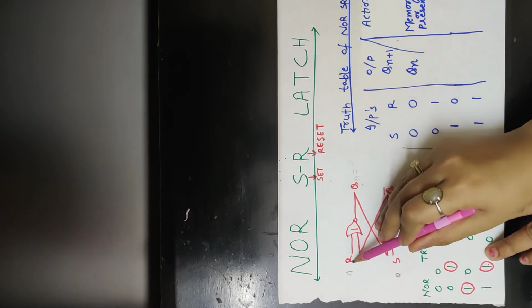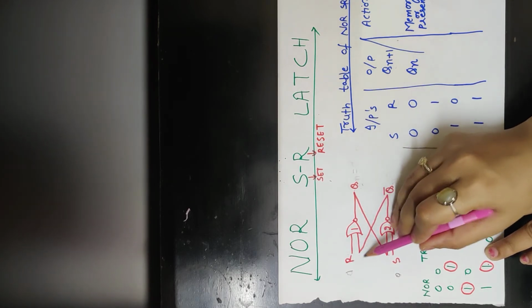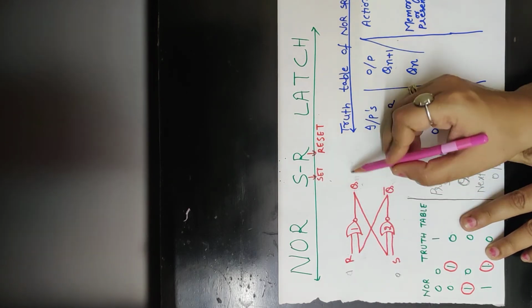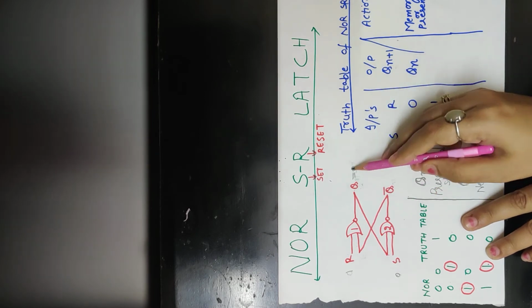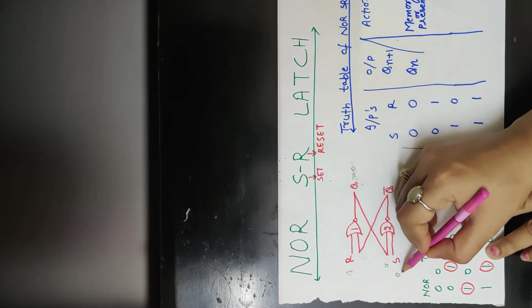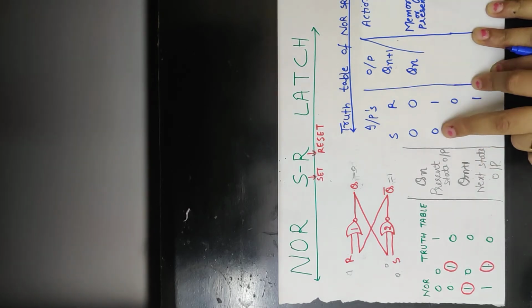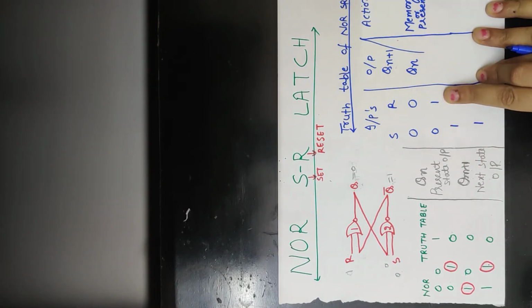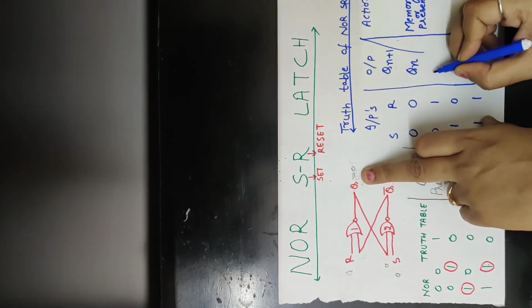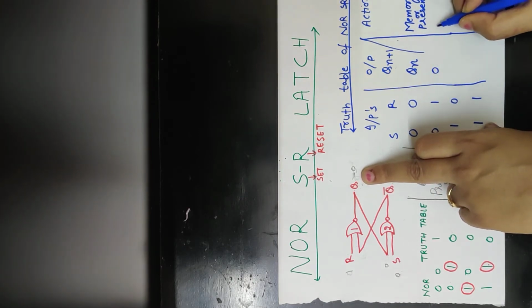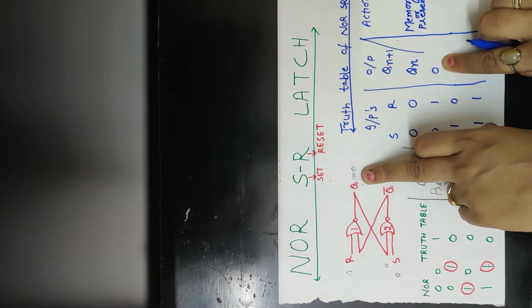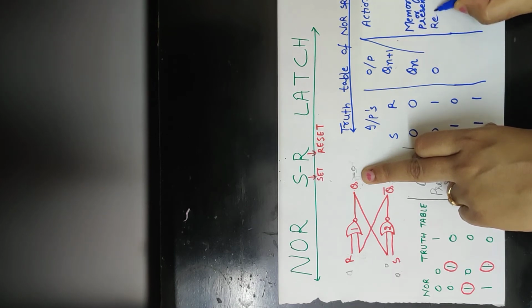So here this is 1. Irrespective of this value, its output will be 0. This 0 comes here. When both the inputs are 0, the output will be 1. So S equal to 0, R equal to 1 switches the output to 0. And whenever the output comes out to be 0, that state is called the reset state.